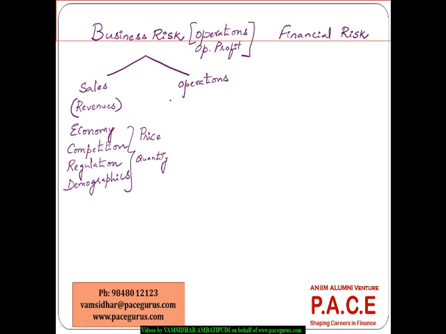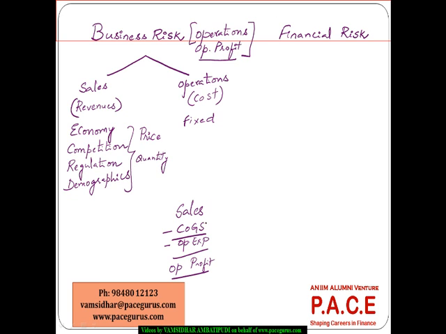And the second dimension, which is the operations related, has more to do with the costs and using the fixed costs as a part of the operations. The risk is getting affected in the operations profit. How do we compute the operations profit? The sales minus the cost of goods sold, and minus any other operations expenses that are there. This is what gives rise to operations profit.